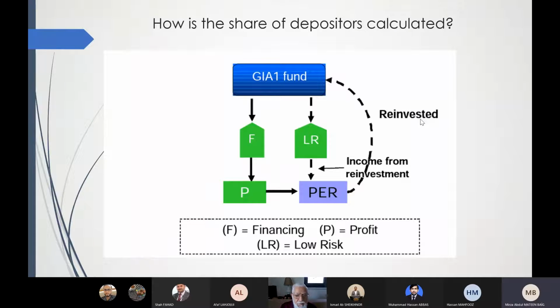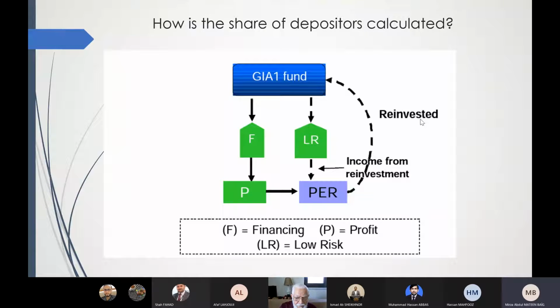That's basically okay. This PER calculation is applied only to the Mudaraba based deposits. You said in the balance sheet it should be shown 50% in Mudaraba liability and 50% in equity.